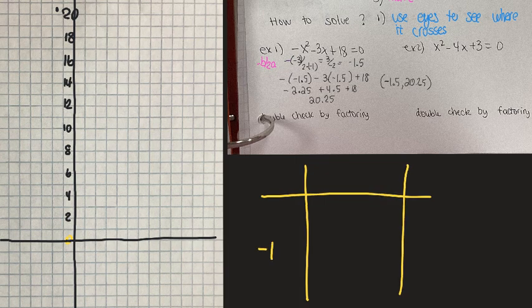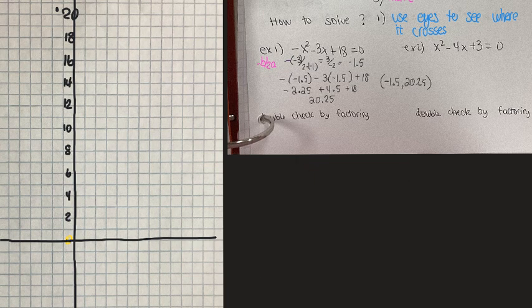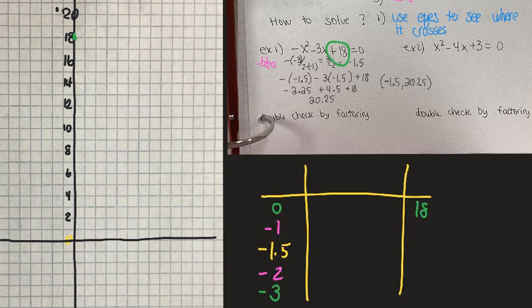So negative 1.5 is going to go in the middle. If I pick numbers on either side of that, negative 1 and negative 2 would be easy, and they're whole numbers. Then I could pick 0 and negative 3. Now 0 is super easy because it's the y-intercept. So I can go ahead and do 0 is at 18. I know my negative 1.5 was this number.